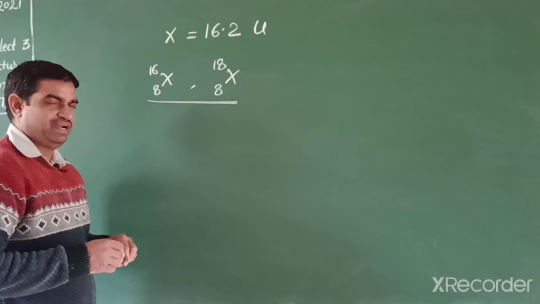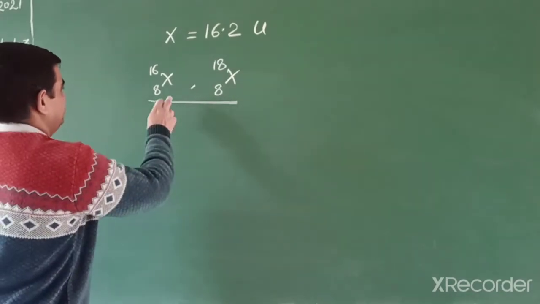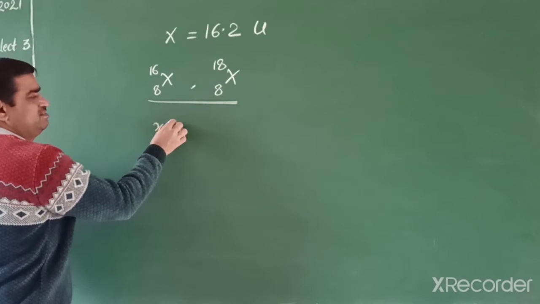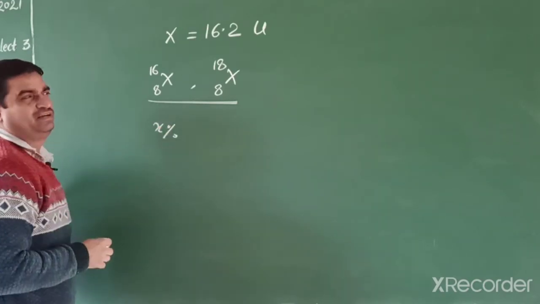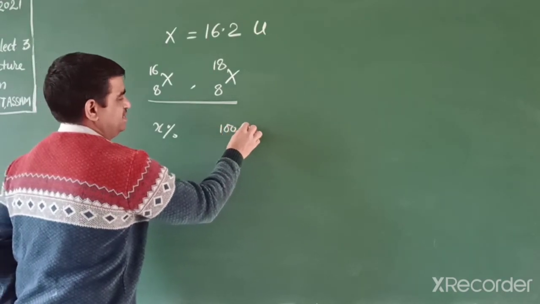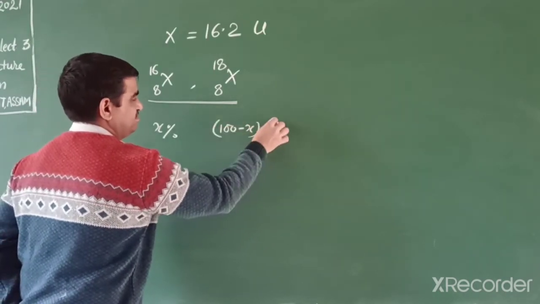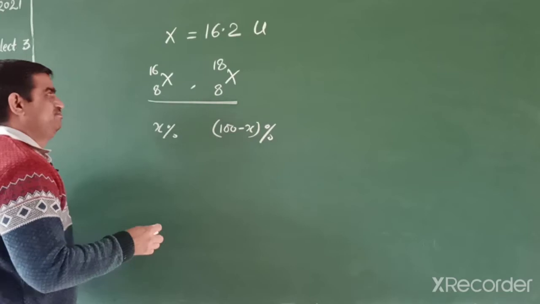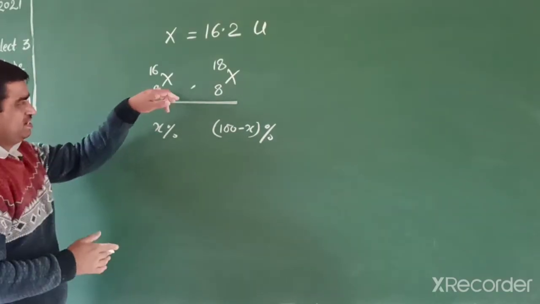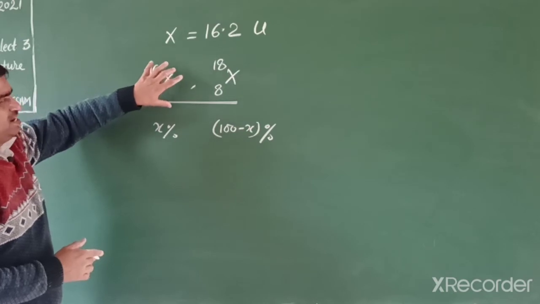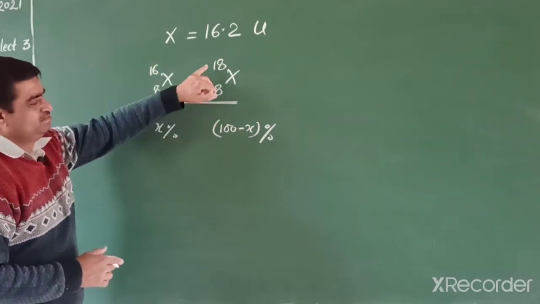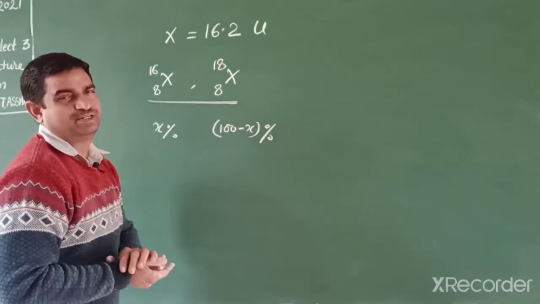So how can we find it? Suppose the first isotope is found X%, then the remaining isotope is 100 minus X%.